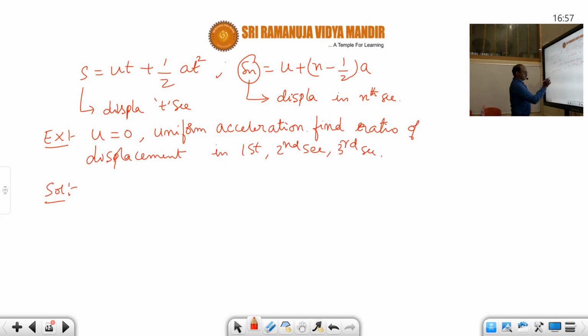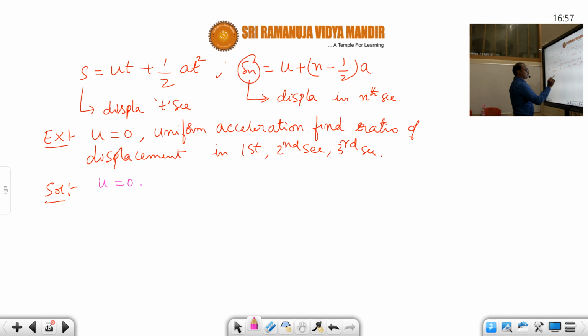First look at the given data. Started from rest, u equal to 0, traveling with uniform acceleration. They are asking the ratio of the displacement in the first second, second second, third second. For a particular second you have to use this formula: Sn equals u plus (n minus half) into a.